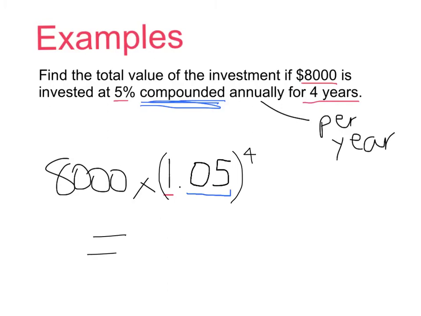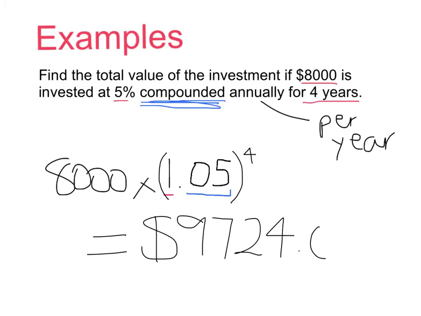Either way I write it, guys, my answer will come out as $9,724.05. That's the total value of my investment if my principal is 8,000 and it's invested at 5% compounded annually for 4 years. So as you can see, compounding interest ends up producing a greater value than simple interest.